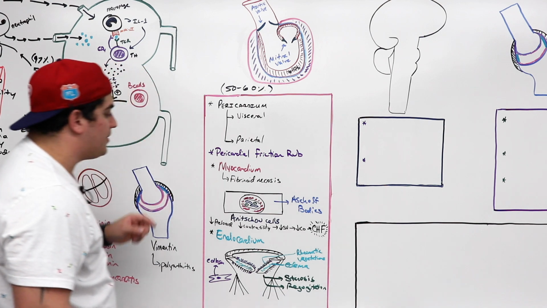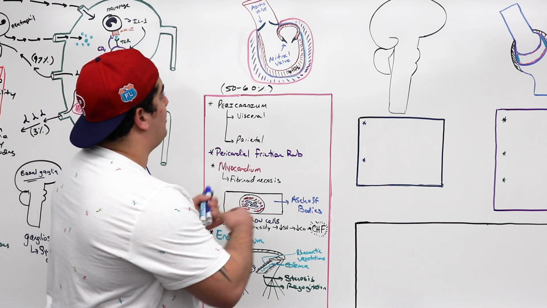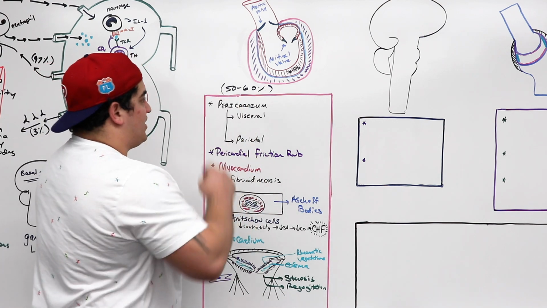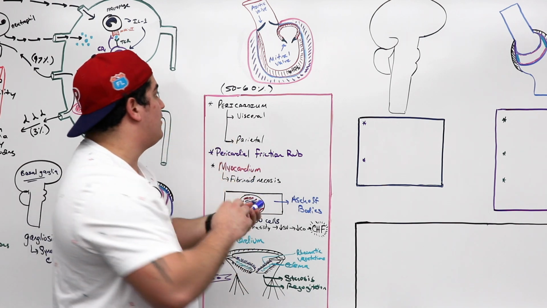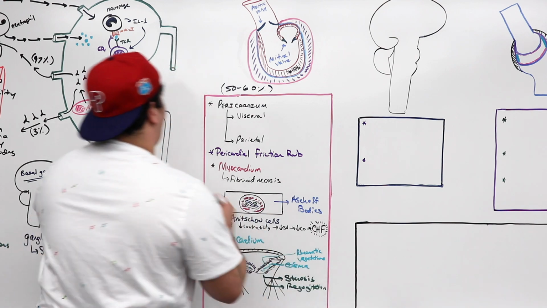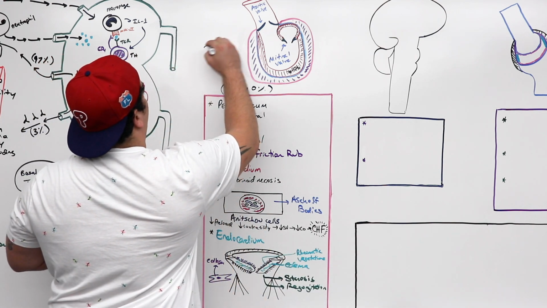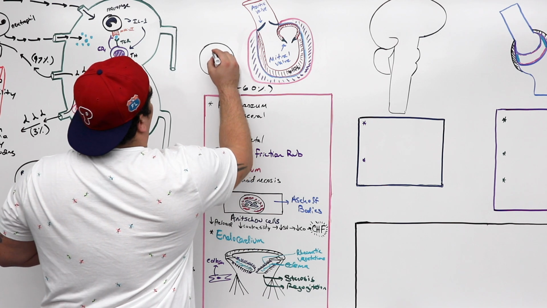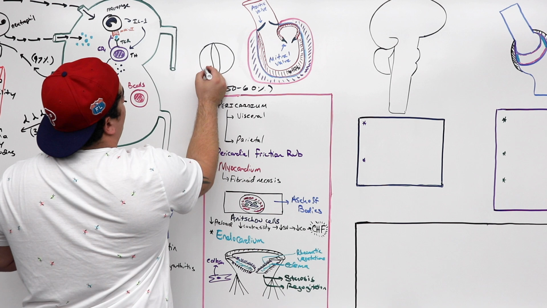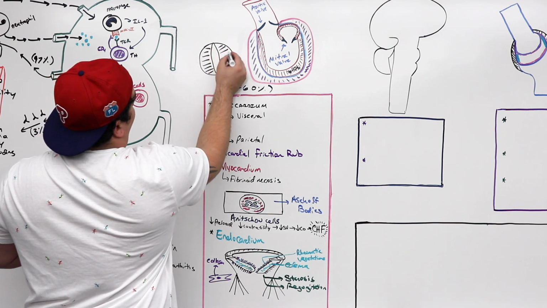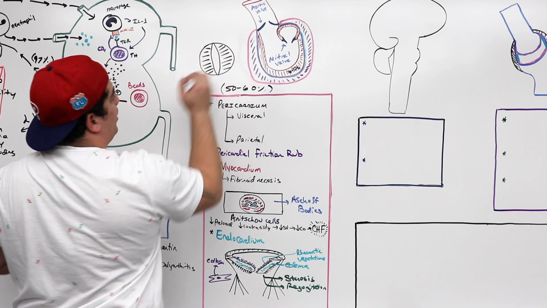Another really bad thing is it produces these types of fibrosis that we call commissural fusion. It can literally cause the actual valves, if you kind of imagine it like this. Let's say I draw kind of an upper view of a valve. So here I'm going to have, let's say here is one valve flap, and here's another valve flap right here, and here's the hole between the two.